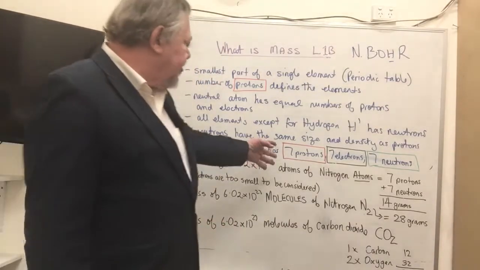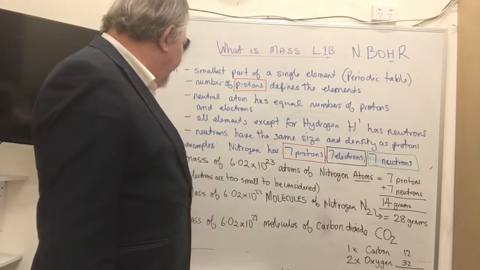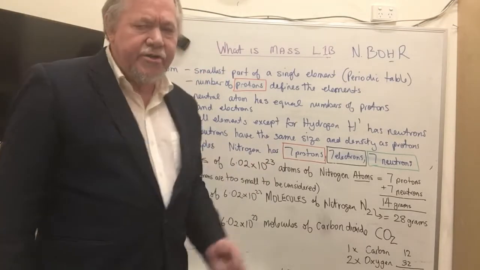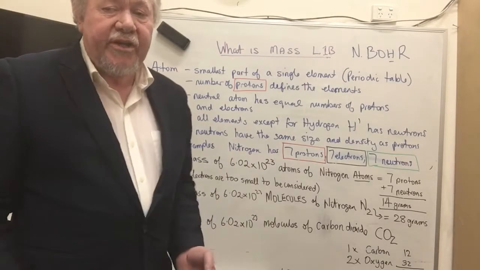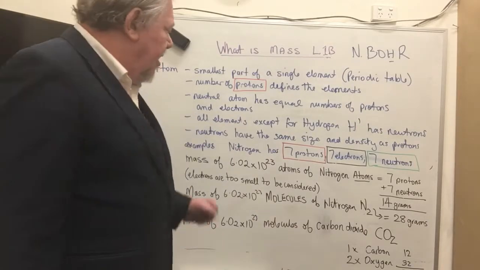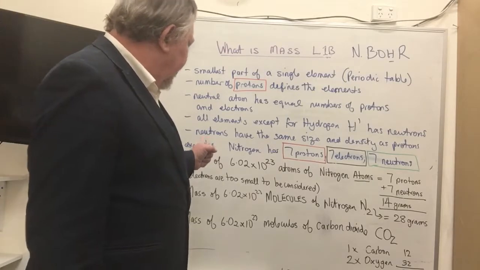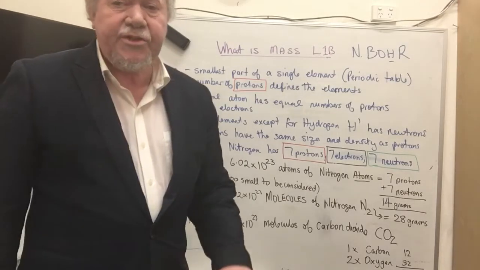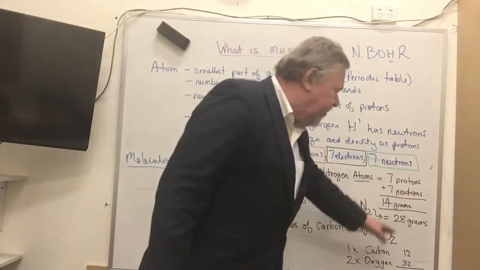Alright, so to give you an idea of nitrogen, if we had that many atoms of nitrogen, and the pressure was 101.3 kilopascals, so at sea level, and the temperature was 20 degrees, then we would have 28 grams.